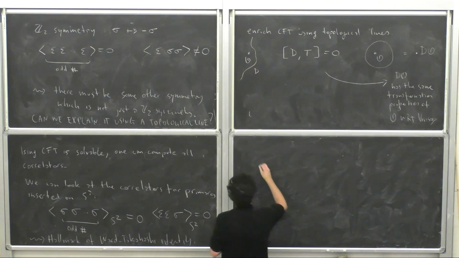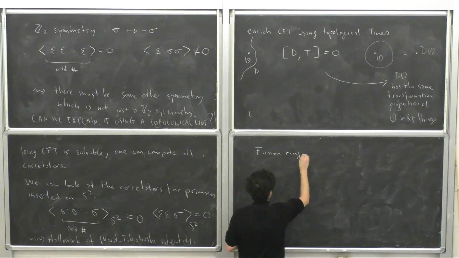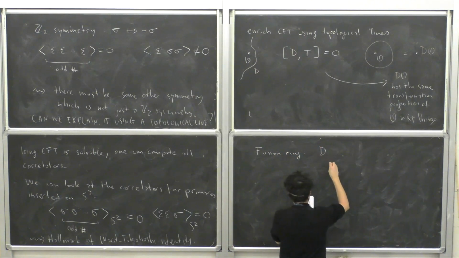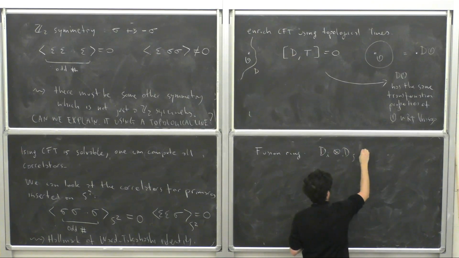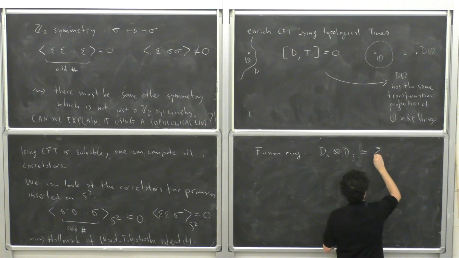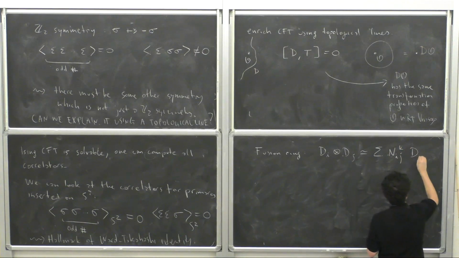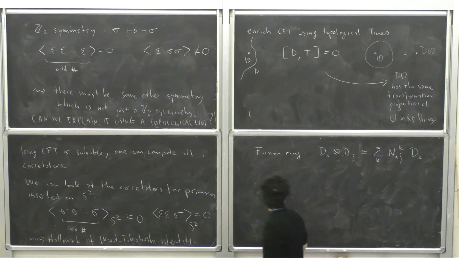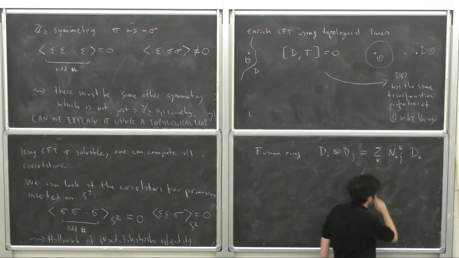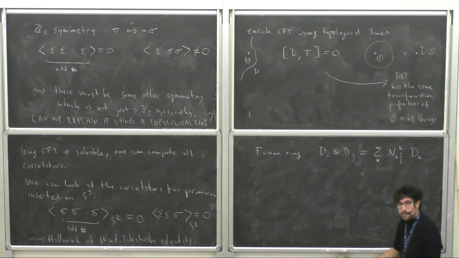If you take two of them and you stack them on top of one another, you obtain a decomposition like this. Notice that this is a relation for the topological lines which replaces the group multiplications.